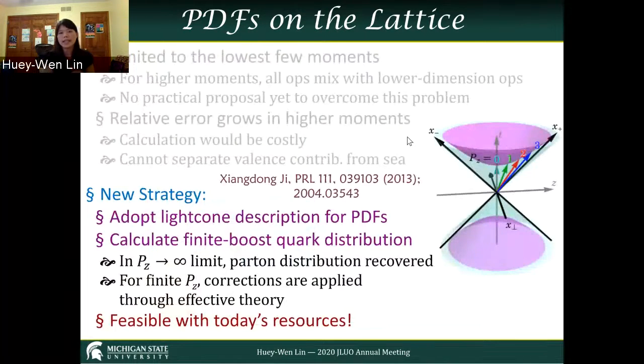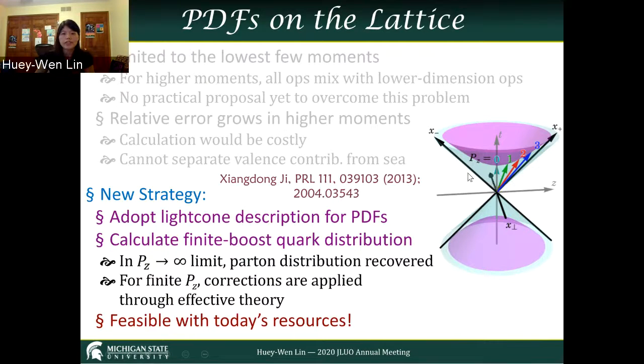So in 2013, there was a new idea from Xiangdong Ji, and he recently wrote a very nice review paper on all this progress under this arXiv number. He came up with a very interesting idea to calculate the x dependence directly. I'm having a very naive cartoon here to show you. What we want for the light-cone distribution is the quarks lined up on the light-cone axis in the infinite momentum frame.